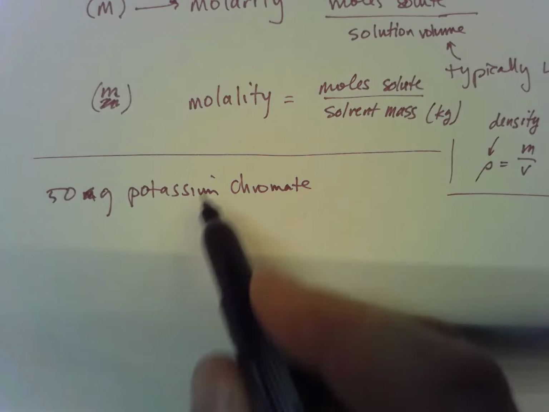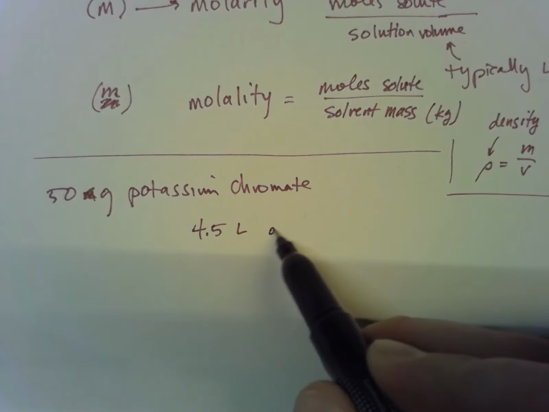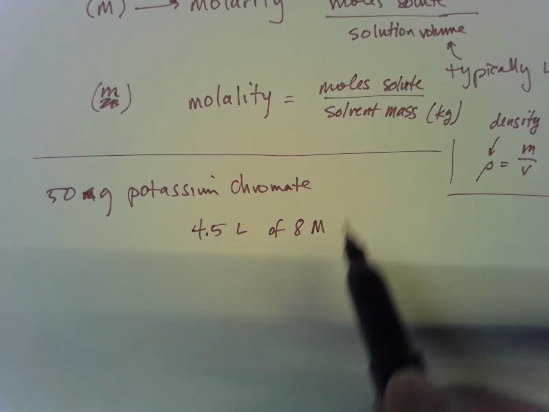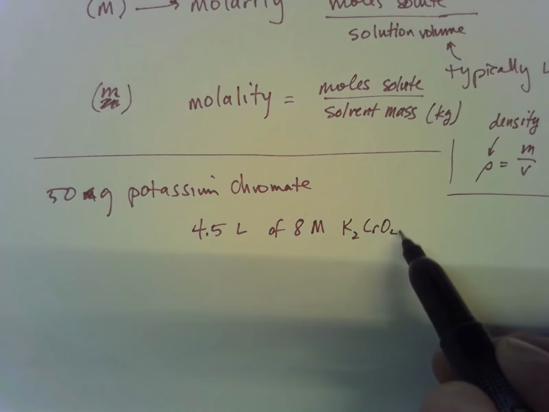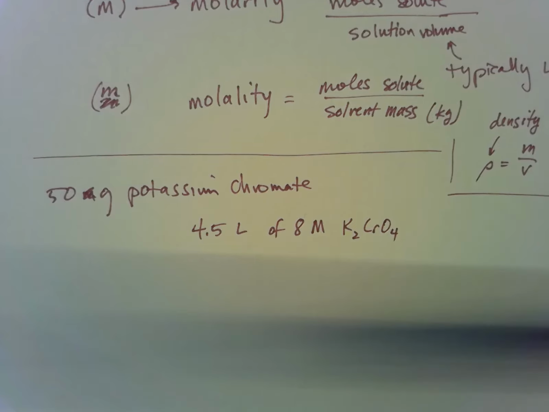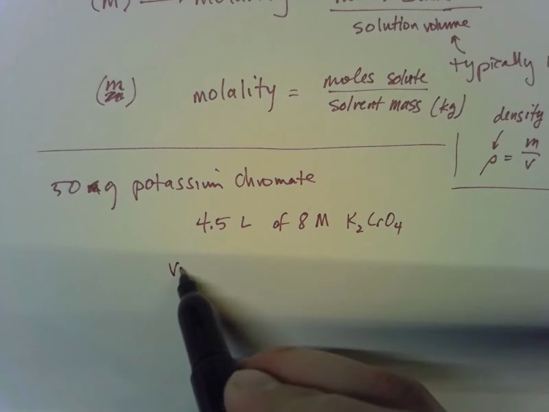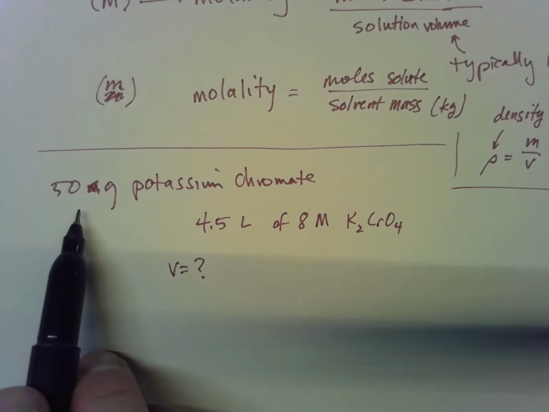She only has 4.5 liters of 8 molar, notice that capital M there, K2CrO4. So what volume does she need to get that 50 grams?